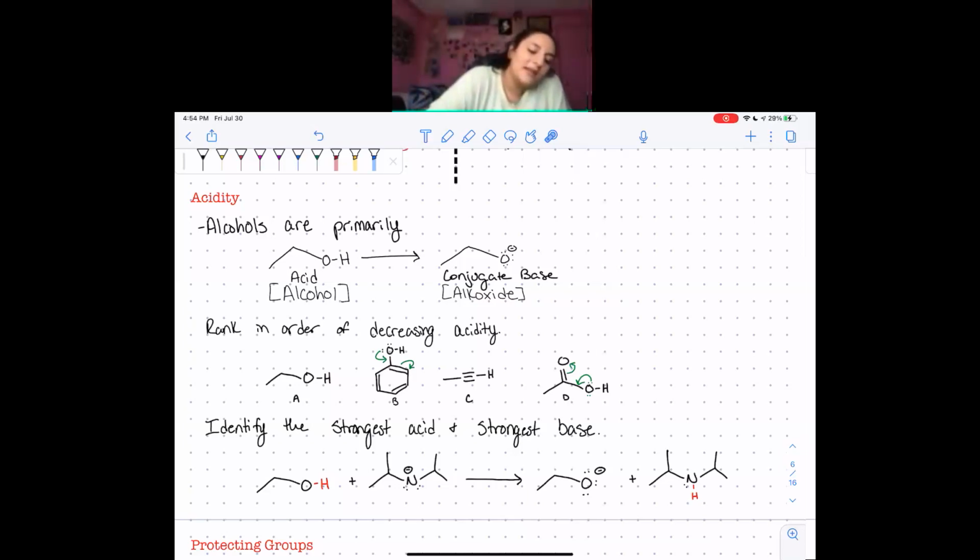So this chapter says that alcohols are primarily weak acids, but they can act as bases sometimes. We're not going to talk about that right now, but you need to know that an alcohol, if it reacts with a base, will create an alkoxide, which is just the conjugate base of an alcohol. This comes up again and again in later chapters, so it is important that you remember that.